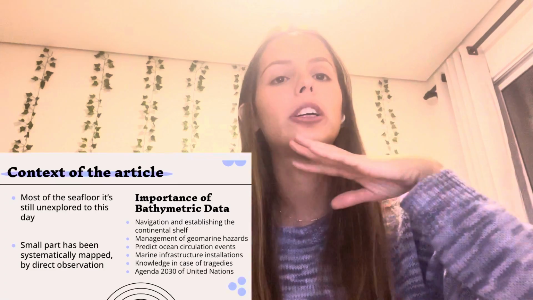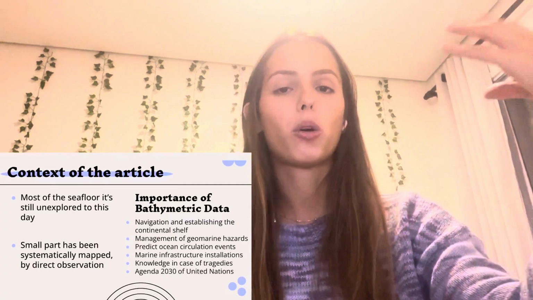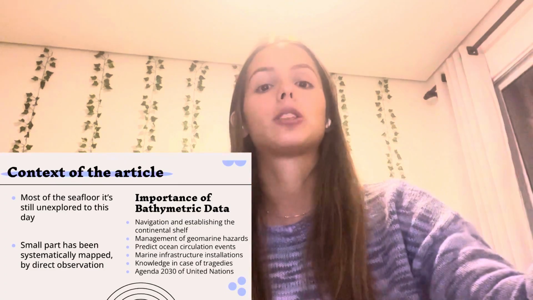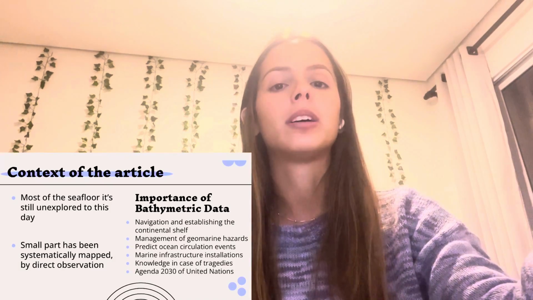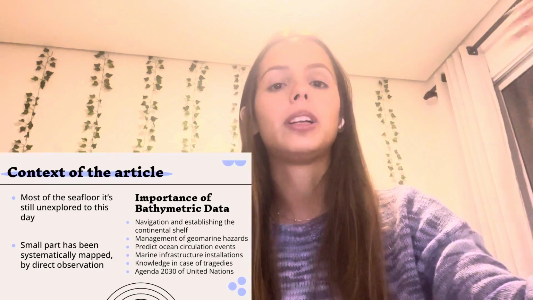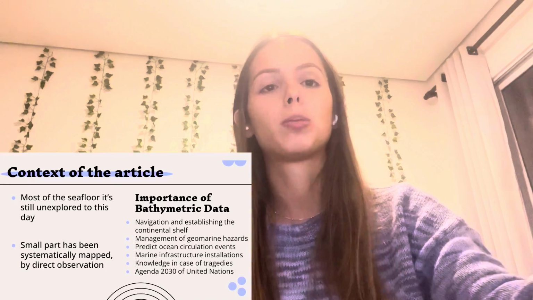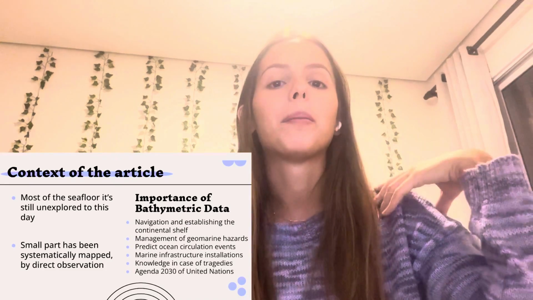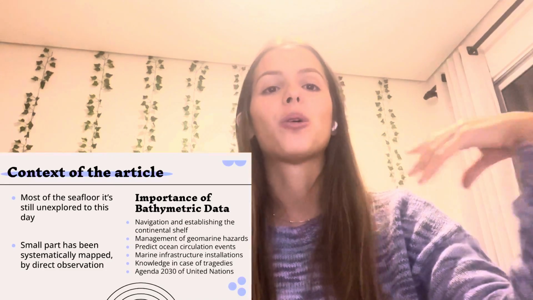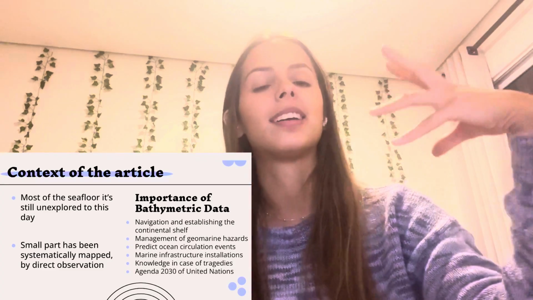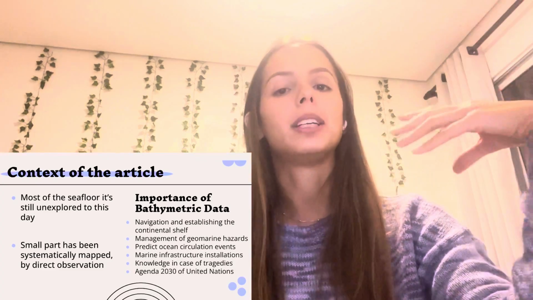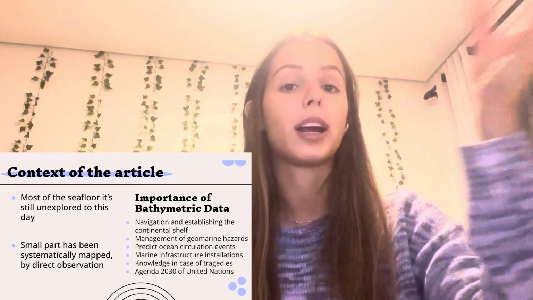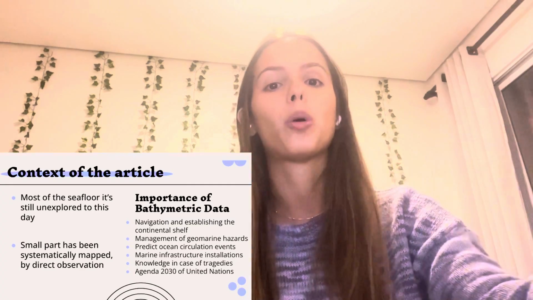To start out, we can give a little context about the subject at hand. To this day, most of the seafloor remains unexplored by humans. There is even the possibility of species existing that we don't know about because we haven't explored all of it yet. People say that humans know more about outer space than the ocean floor, and that's true because just a small part has been systematically mapped by direct observation, so there's still so much that we don't know.